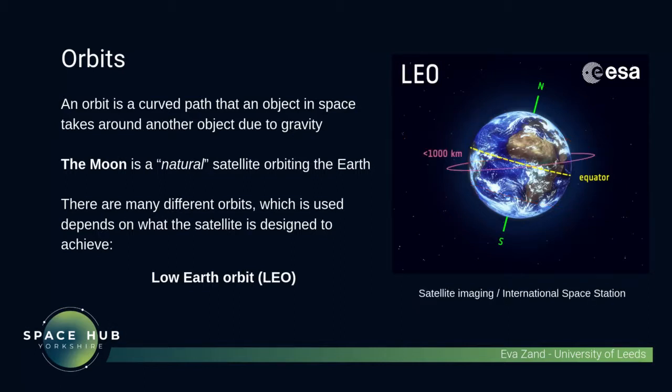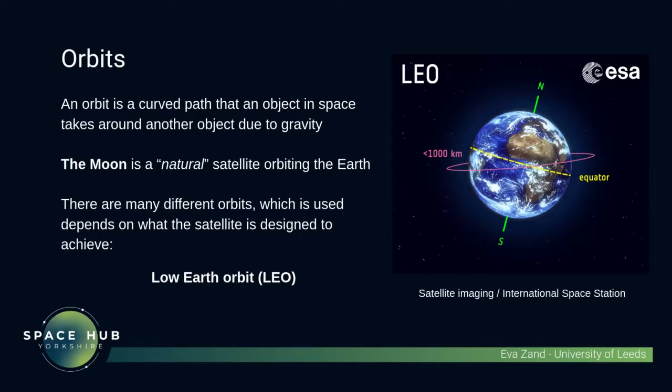Then we could use the low Earth orbit, LEO, which doesn't need to be around the equator as GEO does. It could be at any angle around the Earth. And this is usually located at a distance of about 1,000 kilometers from the Earth.